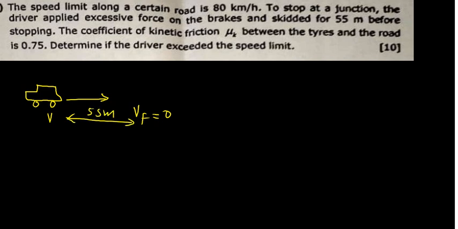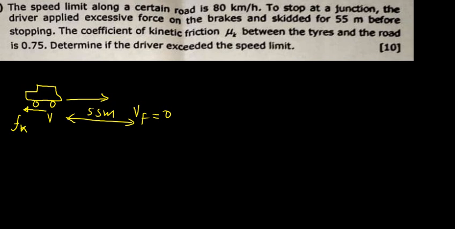So there is a certain force which is applied for it to skid. The brakes are on, and so there's no force being applied by the engine. The only force acting on this vehicle is the force in the opposite direction, that is friction, kinetic friction in this case, and we've been given the coefficient of kinetic friction.